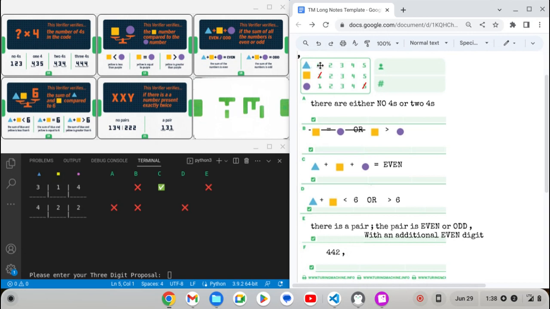It could be 1 2 1, because we do need to have an even. Oh, that's okay. So that's interesting. So either we do have the 2 4s, or there are no 4s, and then it would have to be 2. And so if 2 is square, the only thing it could be greater than is 1. So that means it would be 1 2 1.